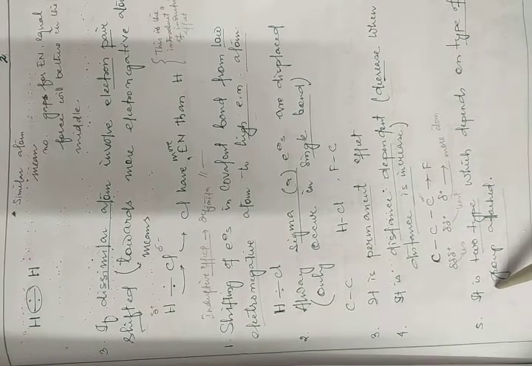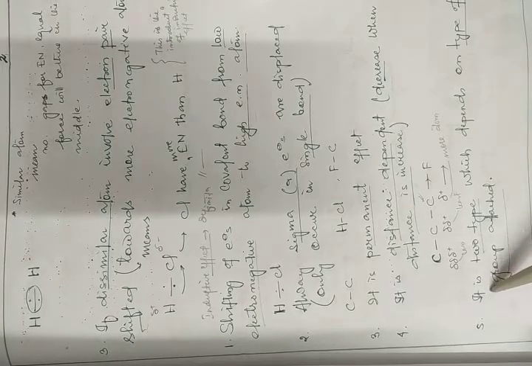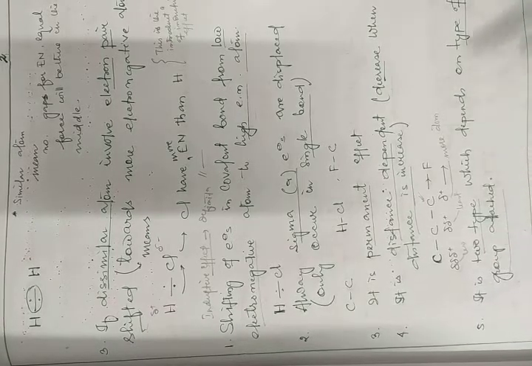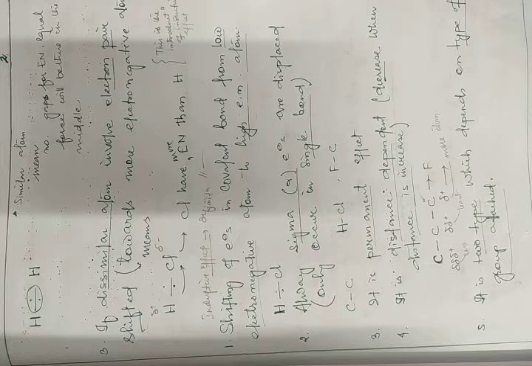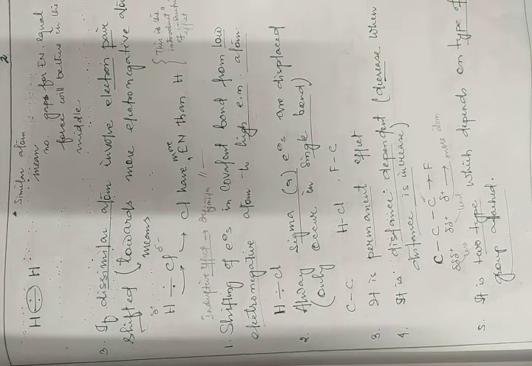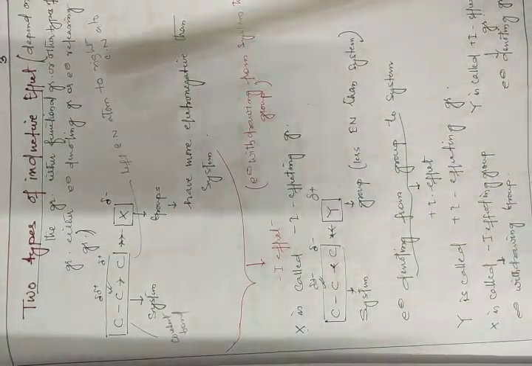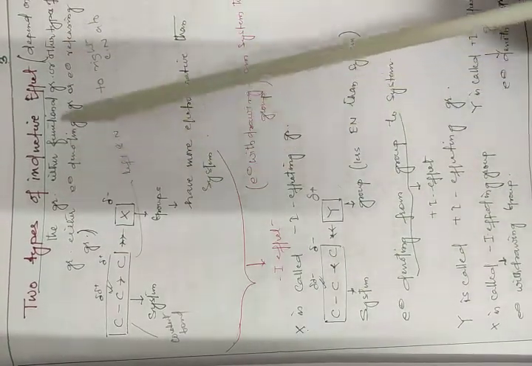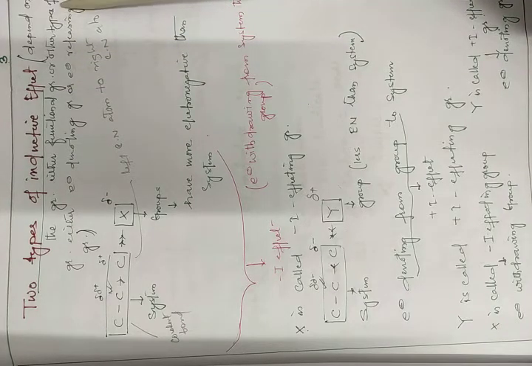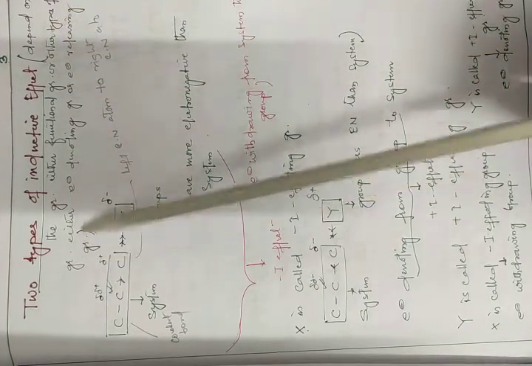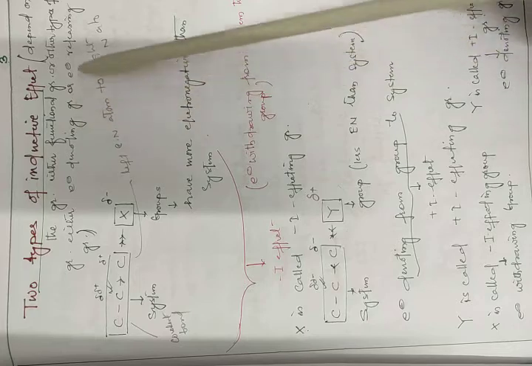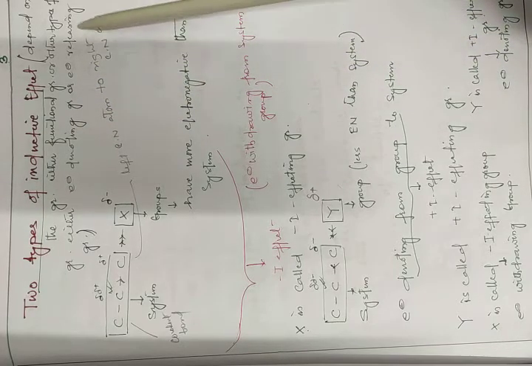Another point: it is of two types, which depend on the type of group attached. This inductive effect depends on the group, either a functional group or other types of group, either electron donating or electron releasing group.